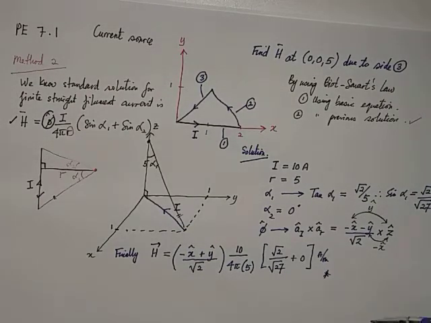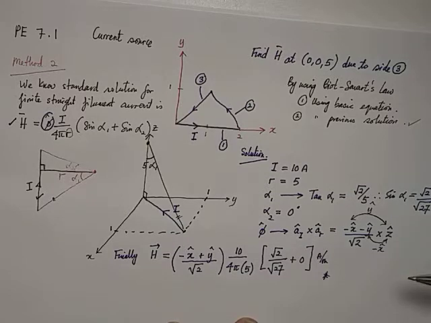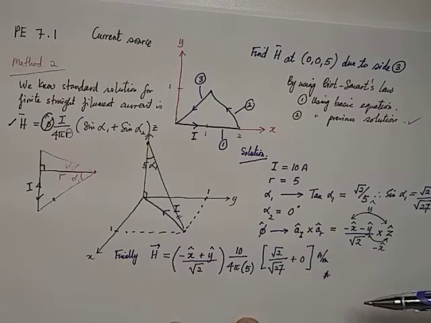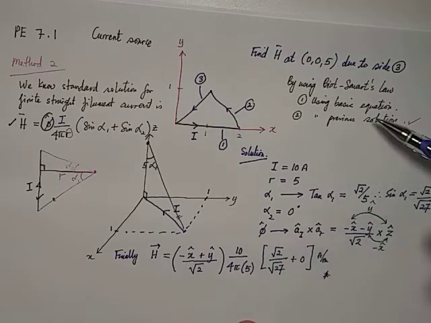So again, the main objective here is just to show you we can solve the problem using our previous experience, previous solution, rather than going back to the same basic method that we defined in the first stage when we adopted Biot as the method to find our magnetic field.